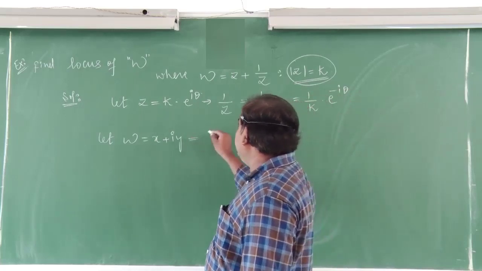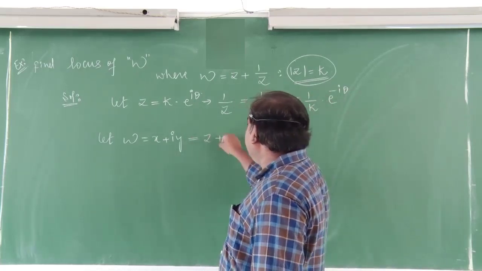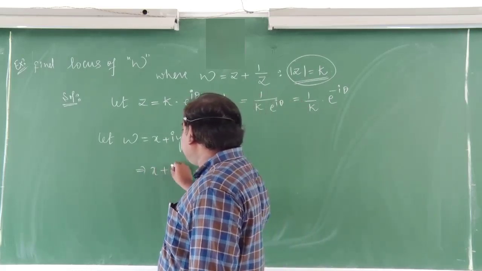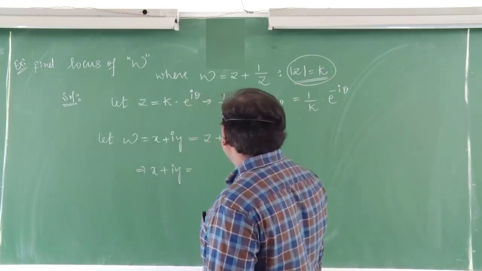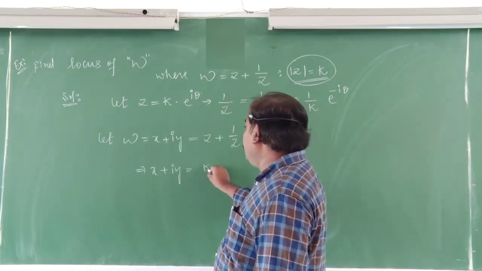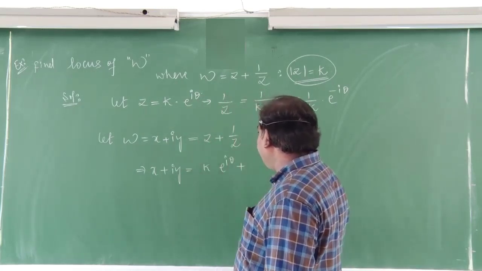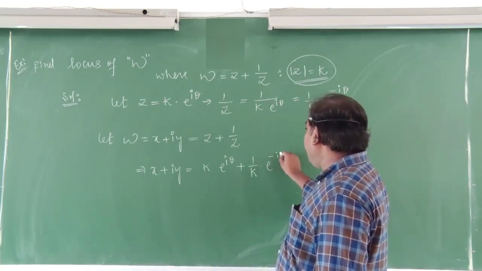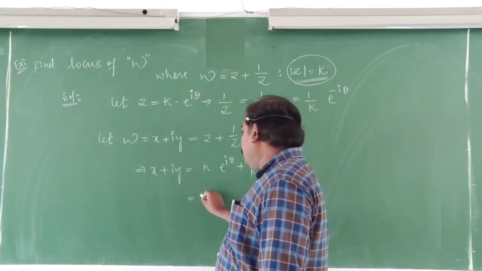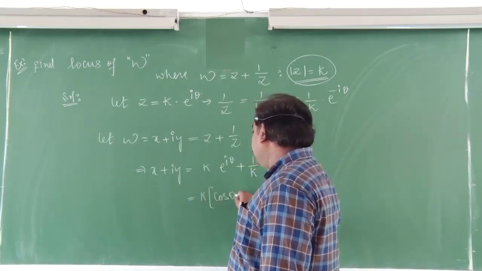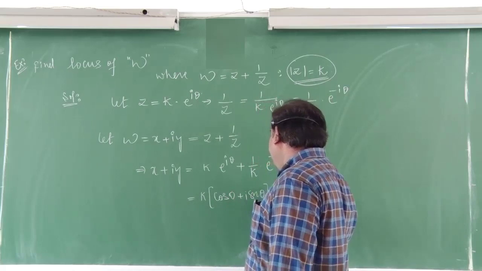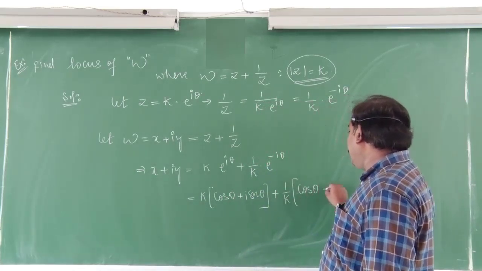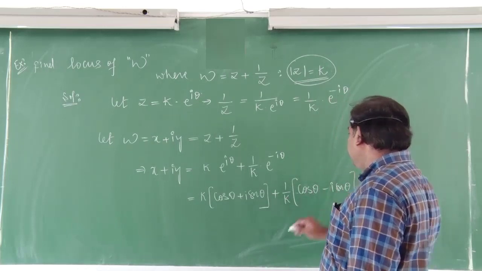And x plus iy equals Z plus 1 by Z. That implies x plus iy equals K into e power i theta plus 1 by Z, and 1 by Z is 1 by K into e power minus i theta. Simplify: K into (cos theta plus i sin theta) plus 1 by K into (cos theta minus i sin theta).